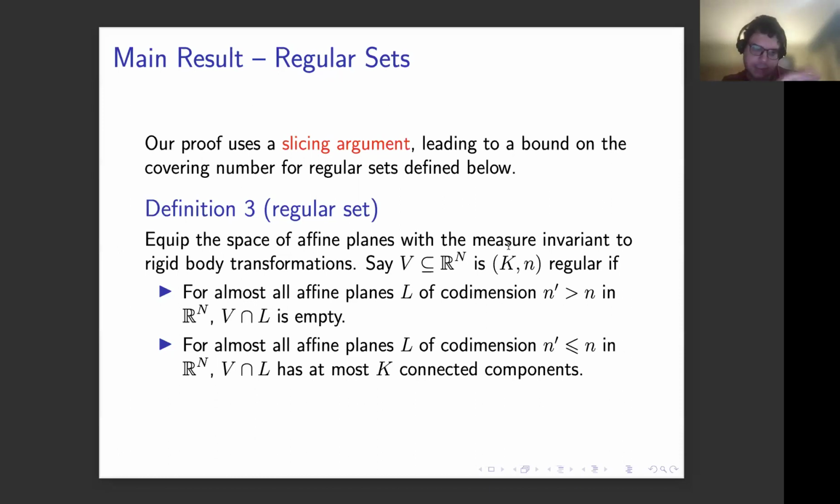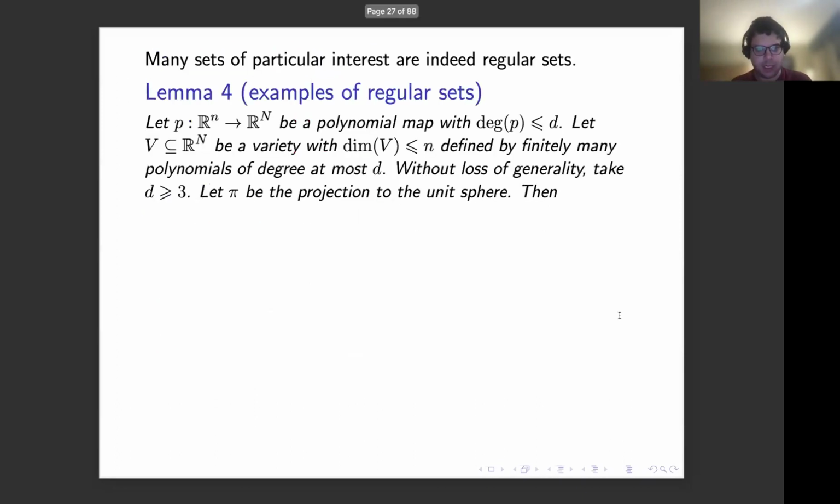But actually other sets also are regular. So for example, something that's trivially regular is any convex subset of a linear subspace in R^N, like with a transcendental boundary or whatever. Okay, so many sets of interest are indeed regular.